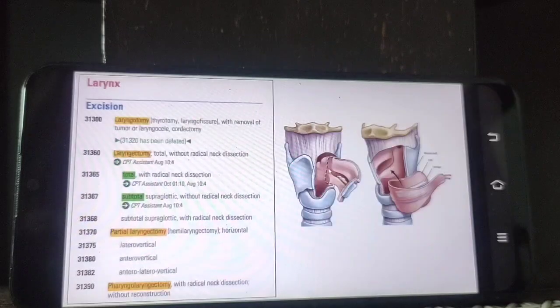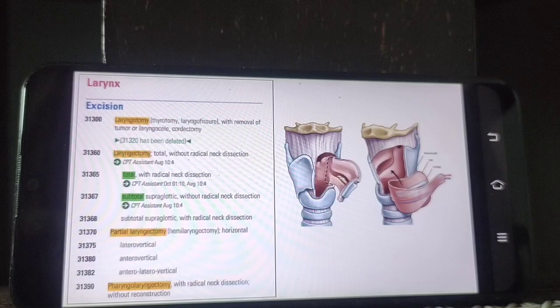The first image is for laryngotomy, then the second image for laryngectomy. Laryngotomy means the surgeon just makes a cut on the larynx; go for 31300.